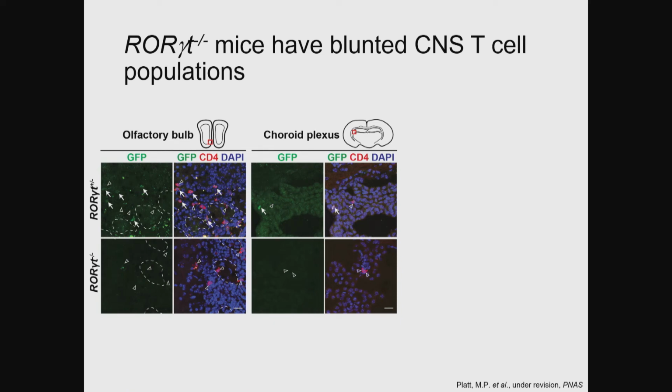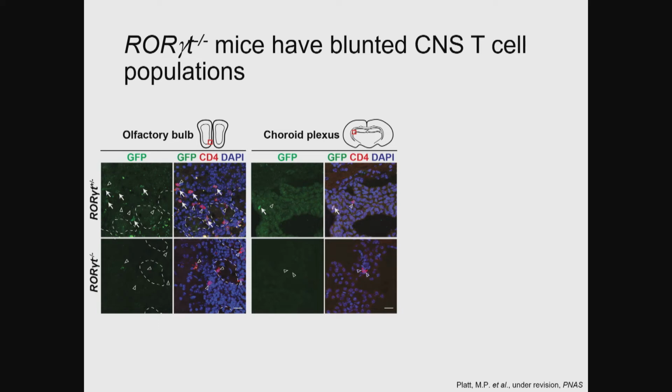And I looked, first in ROR hets at the top, there are some green cells and some red and green cells, indicating that we have both Th1 and Th17 in the brain, both in the olfactory bulb in that anterior part of the brain, and in the choroid plexus, which is a little bit farther back, and it's another important epithelial barrier in the brain.